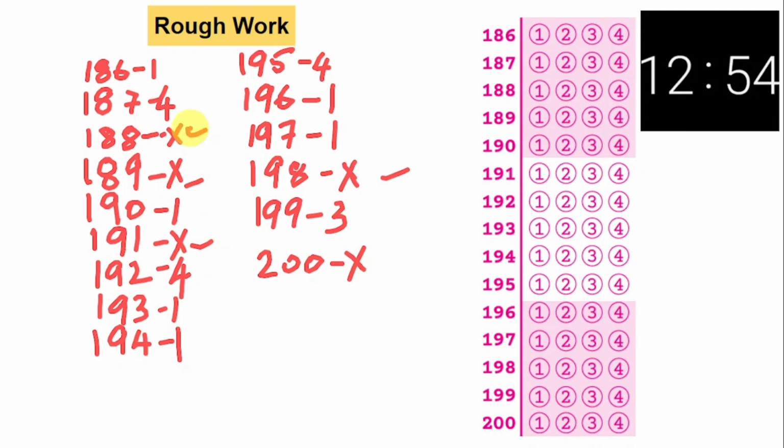So now start marking it on the OMR sheet. 199 is 3, then 197 is 1, 196 is 1, 195 is 4, next 194 is 1, next 193 is 1, 192 is 4, then 190 is 1, and 187 is 4, and the last one, 186, is 1.